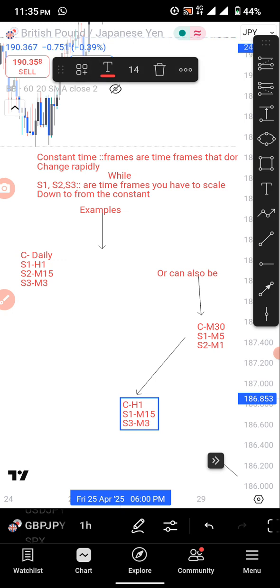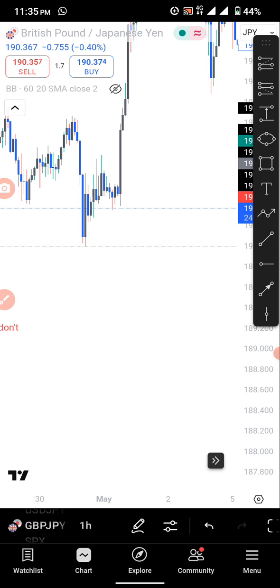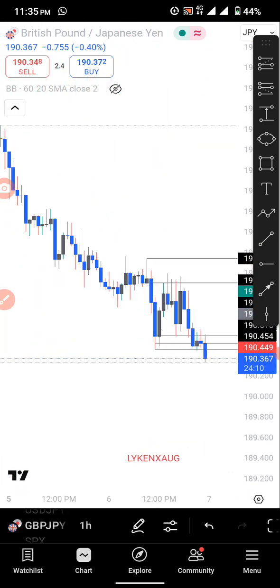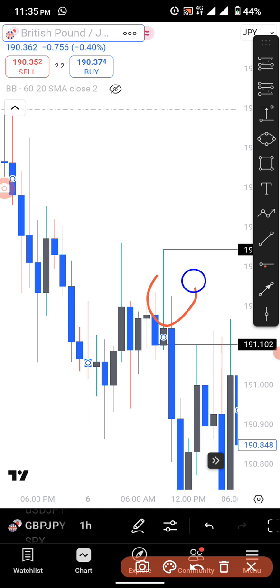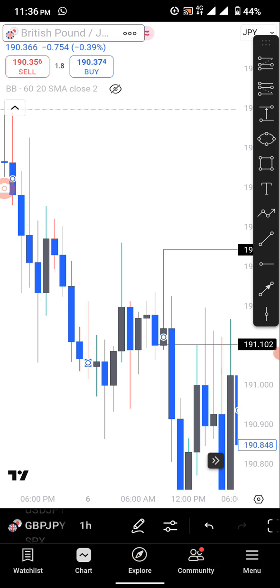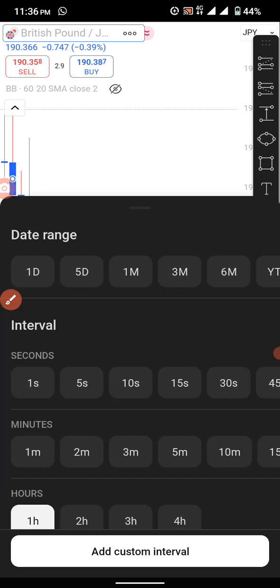That is M15. So you have to see a shift in M15 above here. We are still going to scale down to M15.